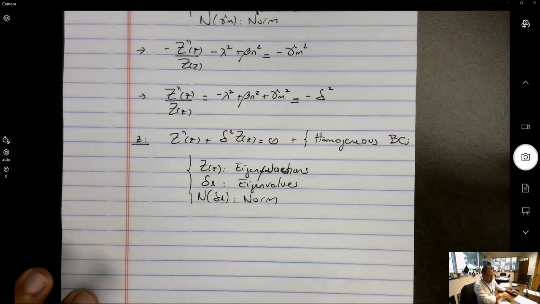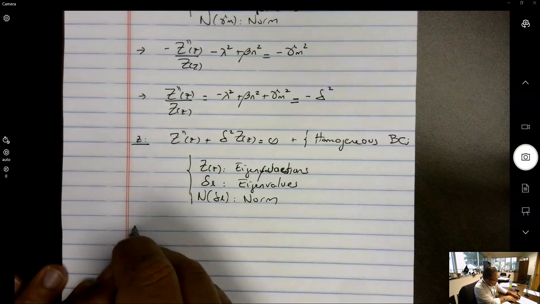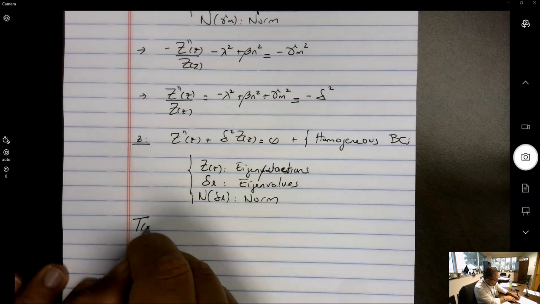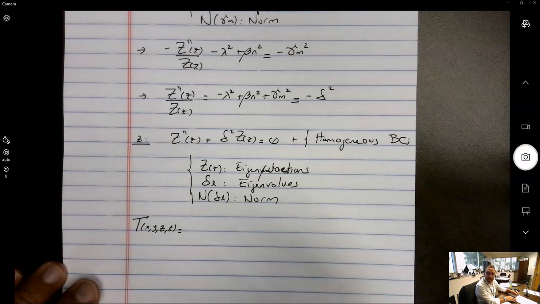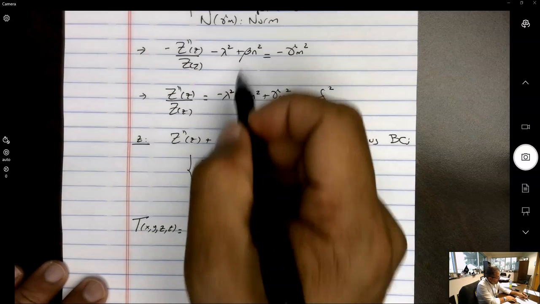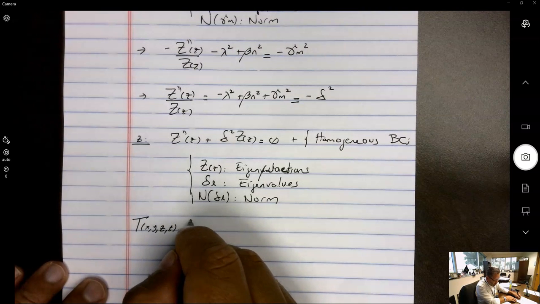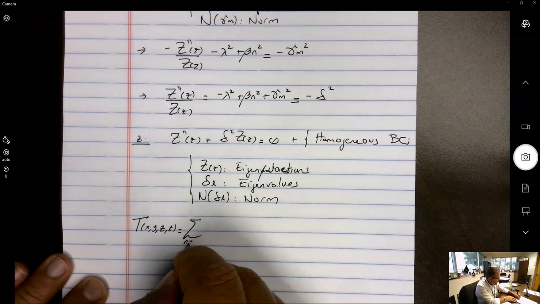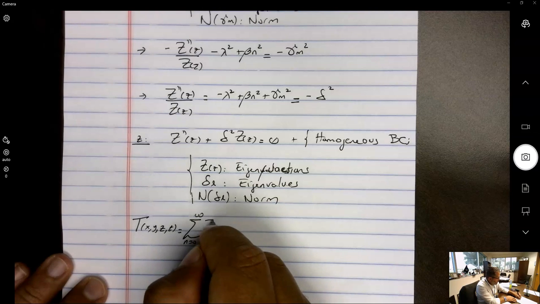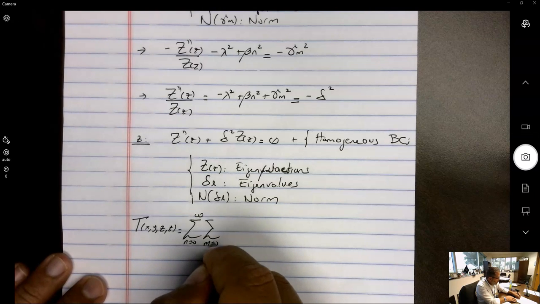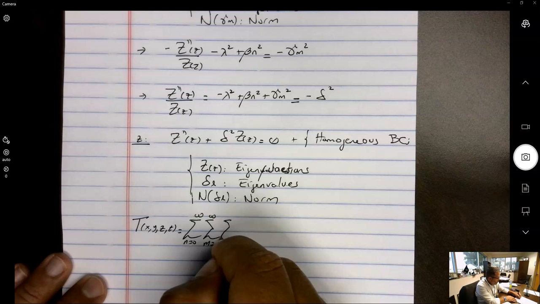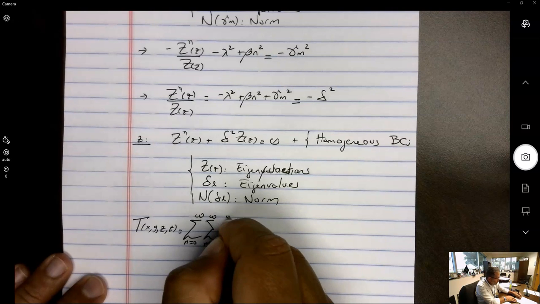So what do we do? We put them all together. T of x, y, z, and time, remember, is xi times tau. Xi is a combination of x, y, and z. And now we have a summation over 3 indices. So we have the summation from n equals 0 to infinity, the summation from m equals 0 to infinity, the summation of L equals 0 to infinity.